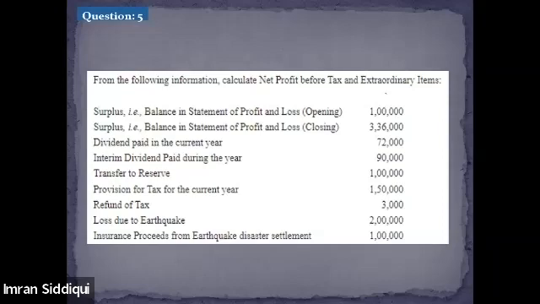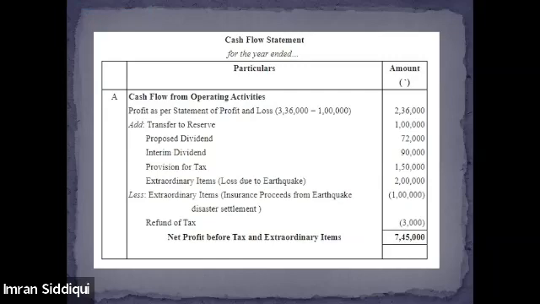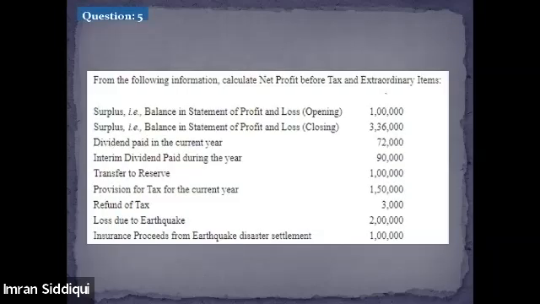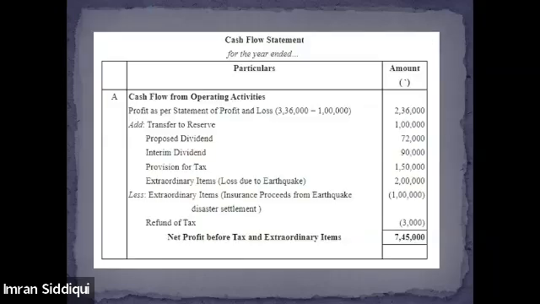Either you correct the question or you make the correction in the solution. That is up to you. Do you understand that? Yes, sir. Okay. Apart from this, everything is clear now. Yes, sir. Clear. So just make a little correction in the question that it is interim dividend paid for the previous year.